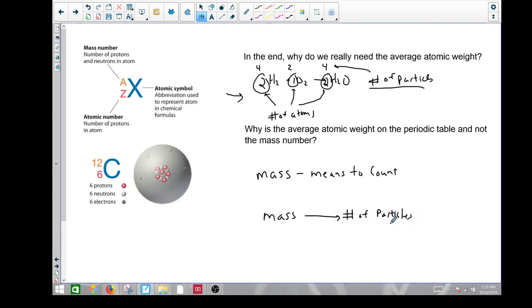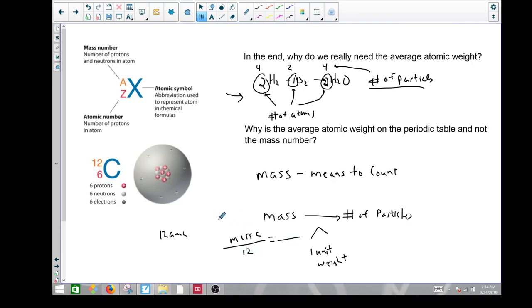But how do you get that? Well, you need to know how much one particle weighs. How much does one unit weigh? Or what's the mass of one unit? So again, if I were to say that carbon is just 12 AMUs, then when I take the mass of the carbon and divide it by 12, I'm not going to get the right number of particles, because it's not actually 12.